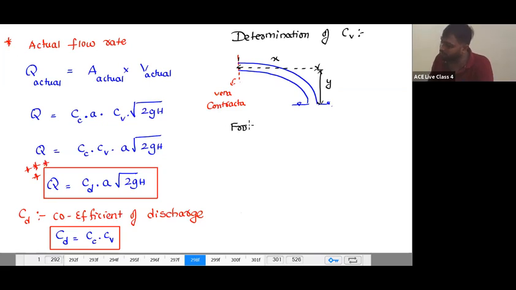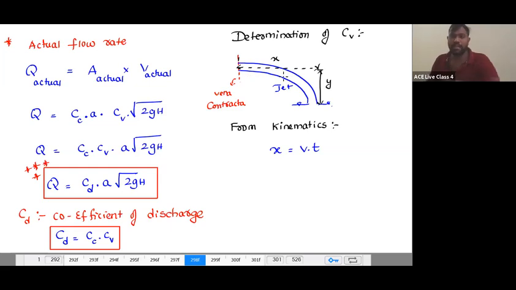From kinematics, whatever the distance traveled by this jet, x is nothing but velocity into time.